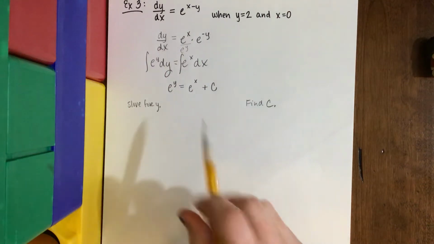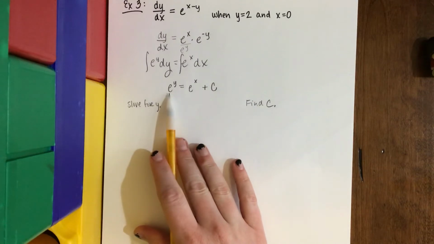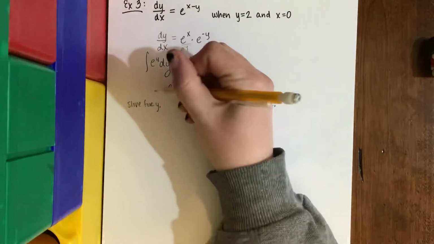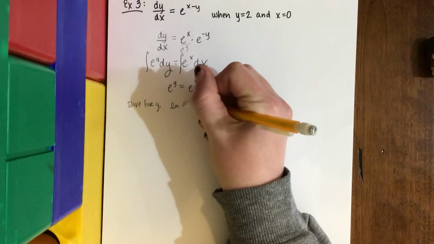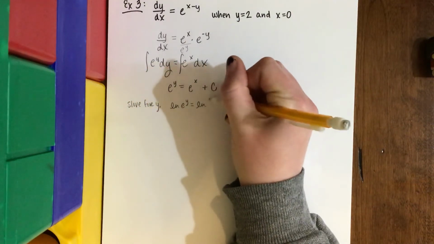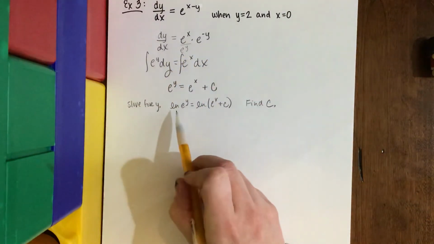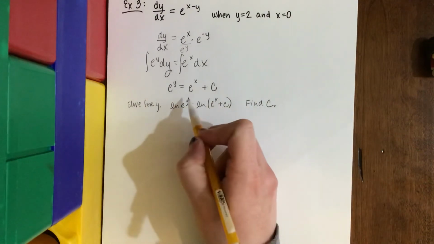We kind of do these parallel to one another. When I go to solve for y, I need to get it out of that exponent. So we can just take the natural log of both sides. The natural log of e to the y is just y.